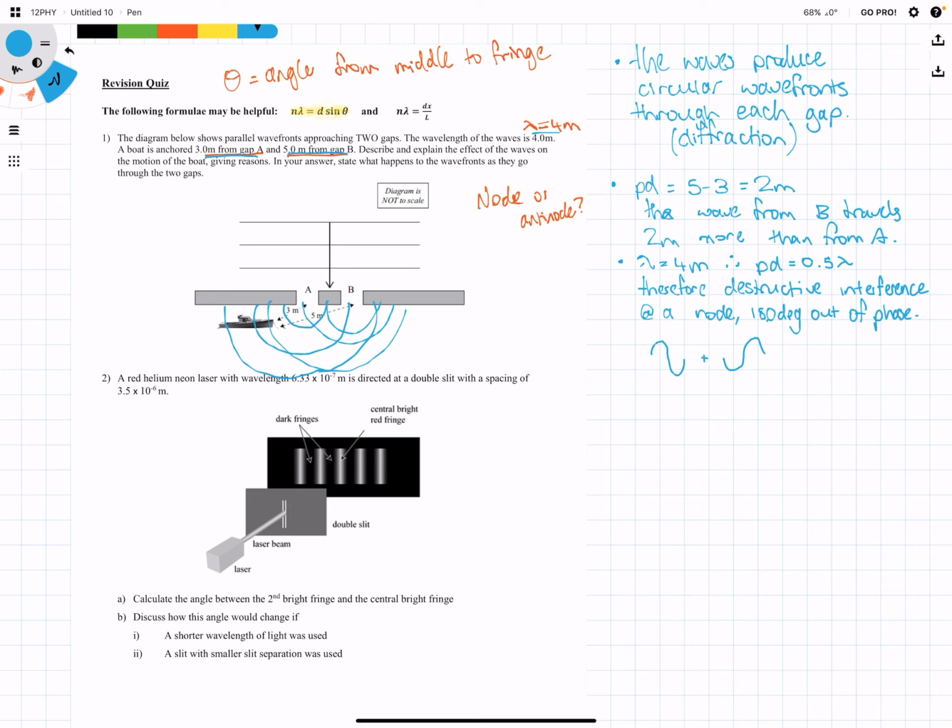They're identical but 180 degrees out of phase, and we know that equals a straight line. So what can we say about the motion of the water at the boat? We've got destructive interference. We're at a node, 180 degrees out of phase, which means the water will be calm. Calm water.